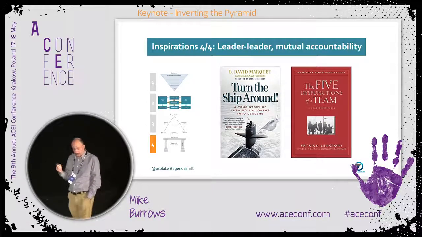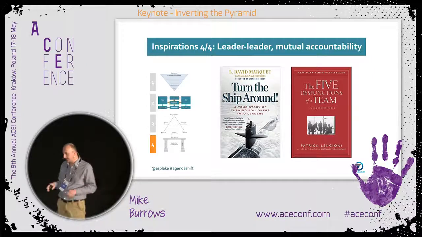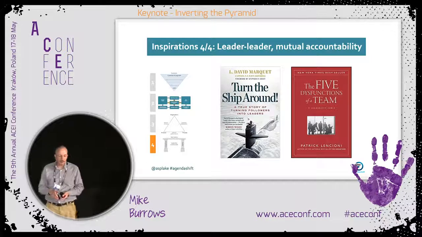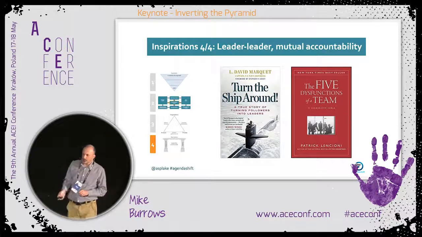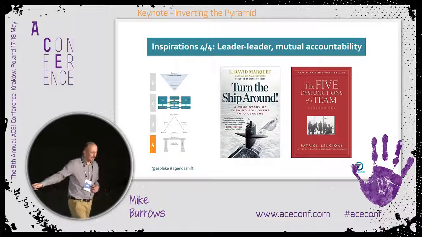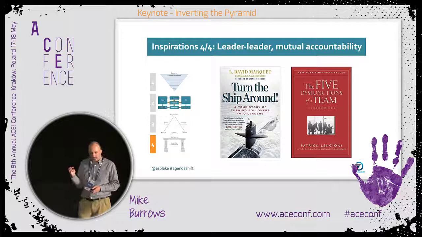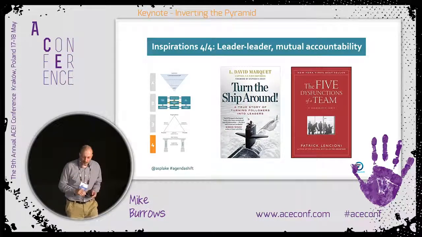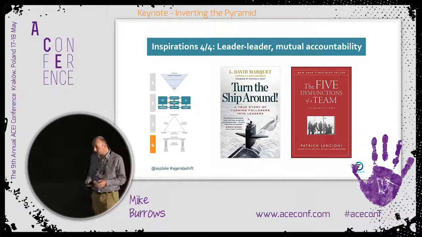The last one, the fourth one, is the ideas of leader-leader and mutual accountability. So the idea of leader-leader comes from the book Turn the Ship Around by David Marquet. Of all the books I read last year, this, I think, was my favorite. And there's a phrase, not a phrase that everyone picks up in this book, but a phrase I picked up, was this one of mutual accountability.